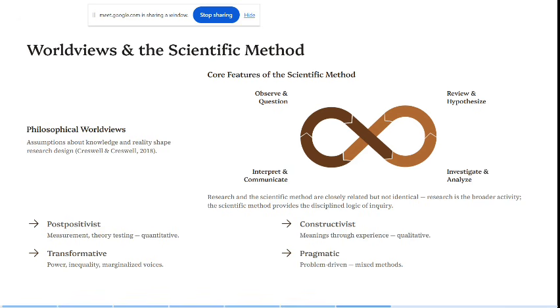In my point of view, there is a view that is called post-positivist. Post-positivist is a view that works on measurement and theory testing, on quantitative studies. They consider that everything will give good findings by studying it in numerical form.